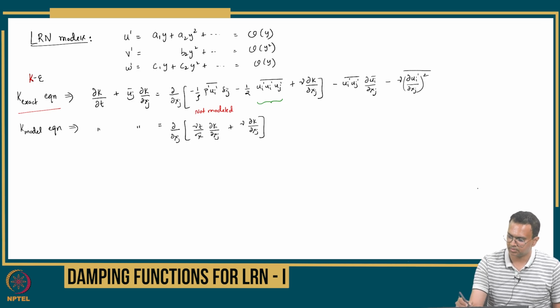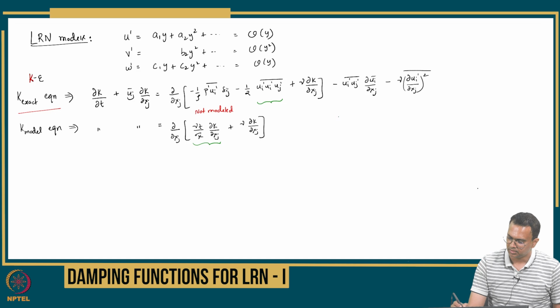So only this turbulent diffusion term is the modeled counterpart that exists between the two equations. The pressure diffusion is never modeled. Viscous diffusion looks the same, so I don't have to do anything about it. It will have the same behavior. So we look at only terms which are modeled here.